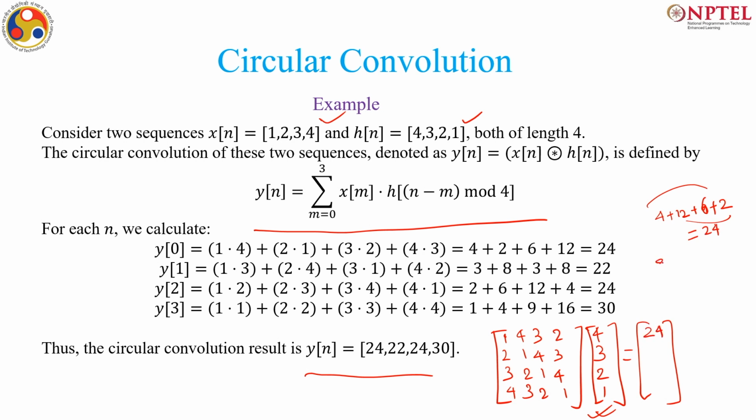Second: 2 into 4 is 8, 1 into 3 is 3, 4 into 2 is 8, and 3 into 1 is 3. This is 6 plus 16, which is 22. 22, and if you check, this is the result.